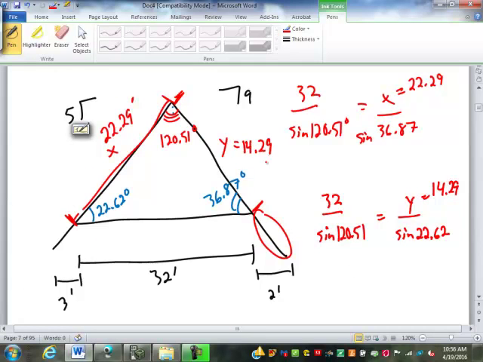Correct? It doesn't work with the overhangs. Why is that? Because the overhangs aren't part of the triangle. We're only working within the triangle.